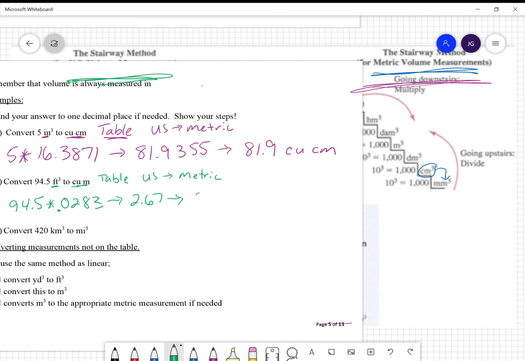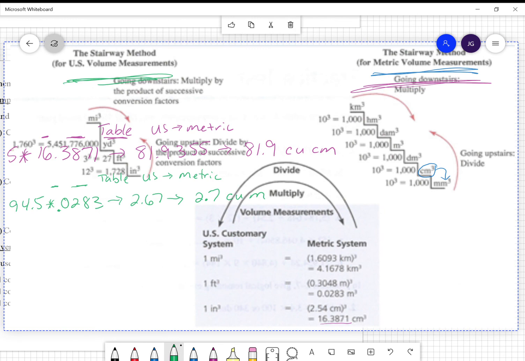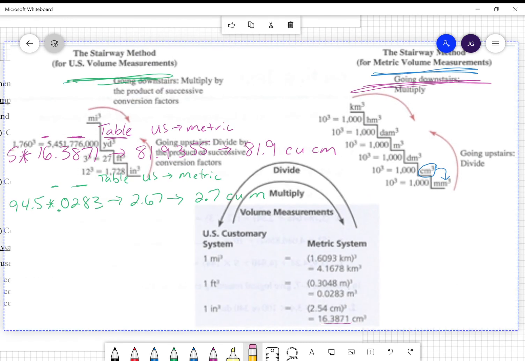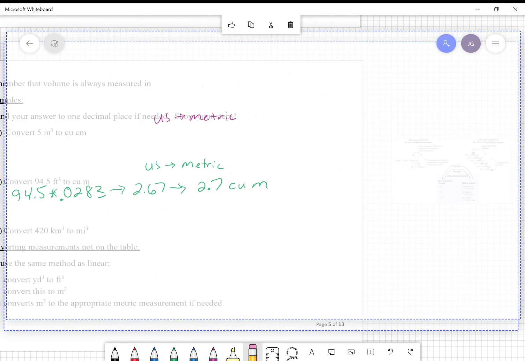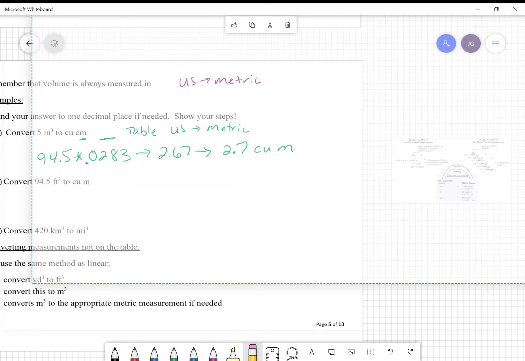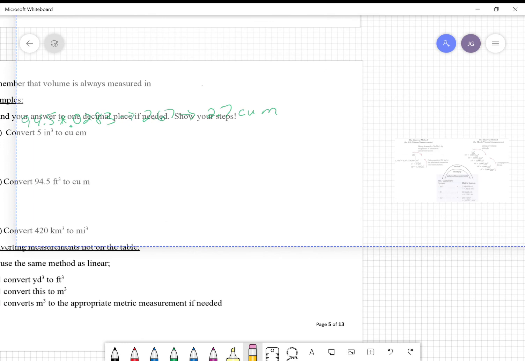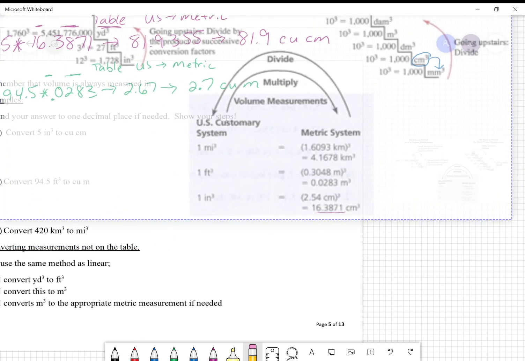So that rounds to 2.7 cubic meters. Just trying to move this out of the way a little bit.